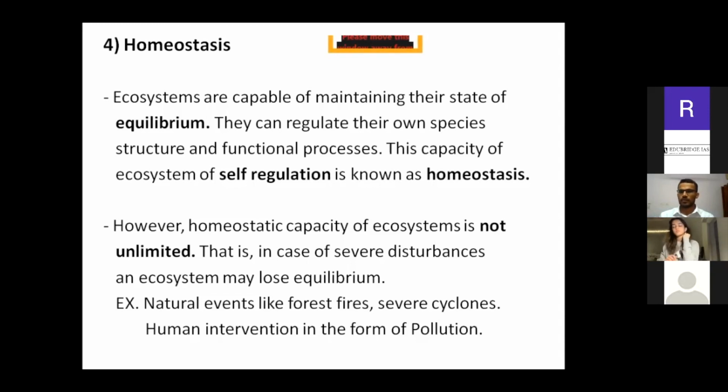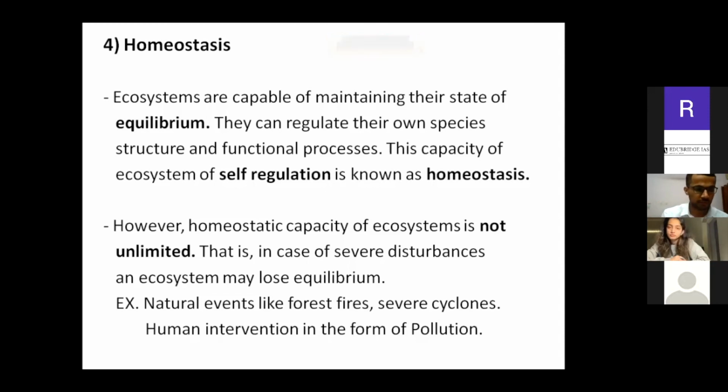Right? So again, you can take the example of mangroves. You will not find mangroves in terrestrial ecosystems nor in marine waters. Right? So they are especially developed for ecotones.